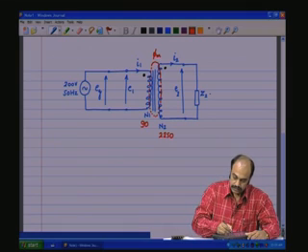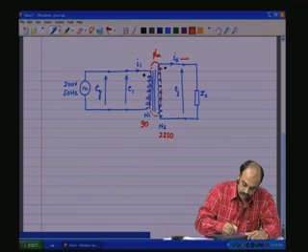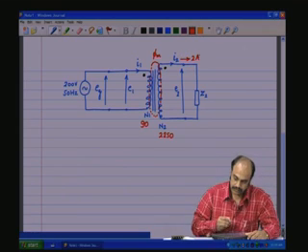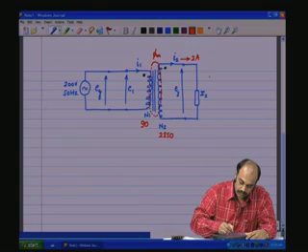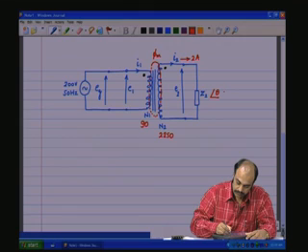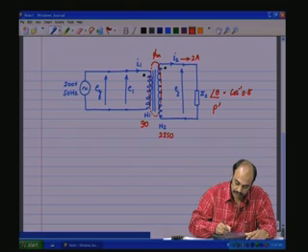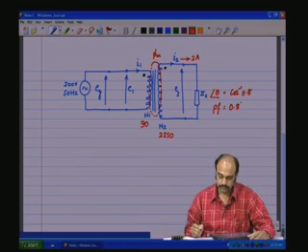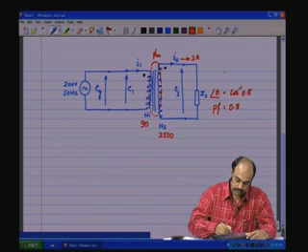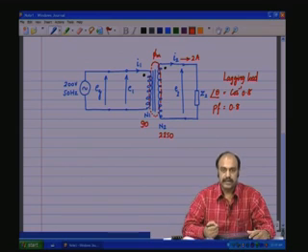Let us say that there is a load current of 2 amps that is flowing with a lag angle theta of cos inverse of 0.8, or power factor equals 0.8. Let us say a lagging load, which means Z is an inductive RL kind of load.